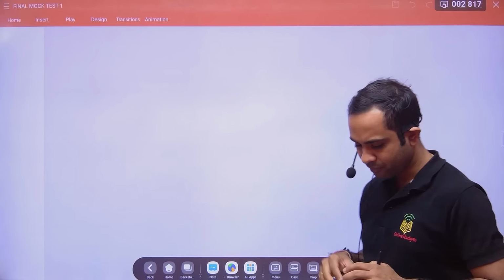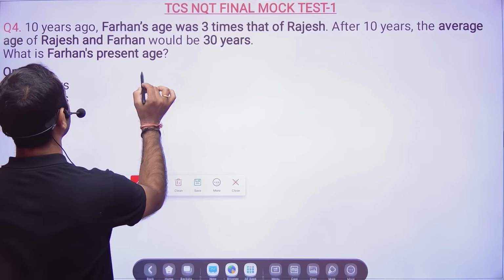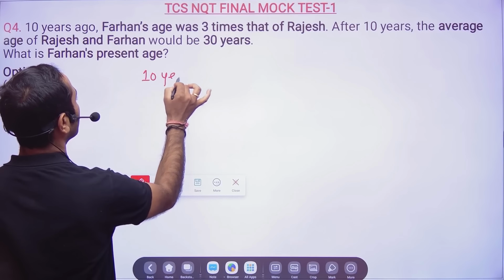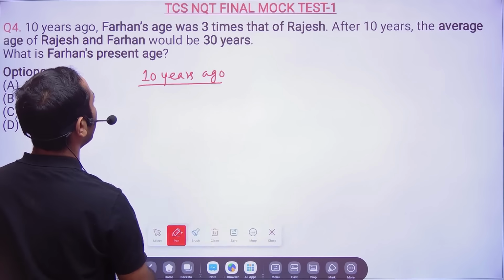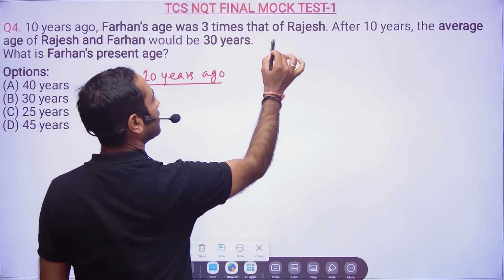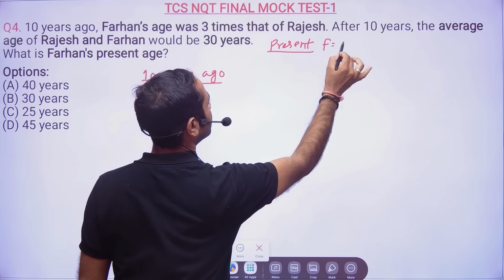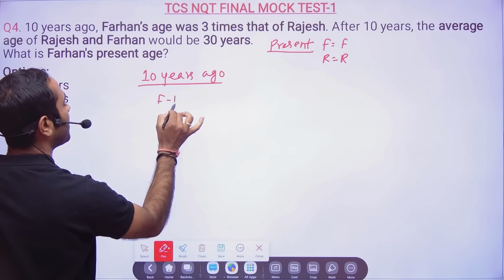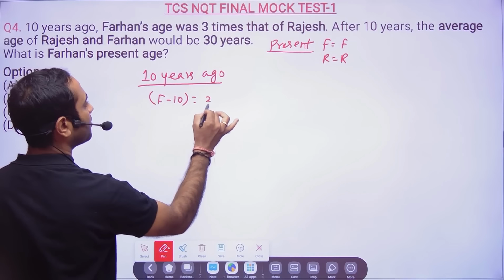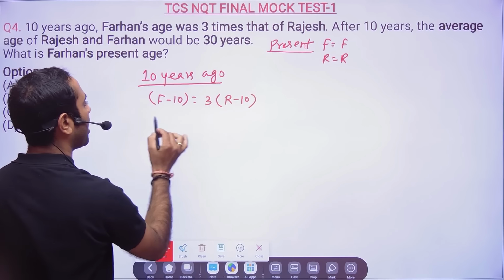Okay, anyway, now question number 4. Sir, question number 4 is about 10 years ago. It's simple equations only we have to form. 10 years ago, if the present age of Farhan is F and Rajesh is R, then 10 years ago, F minus 10 was 3 times the age of Rajesh, which is R minus 10.